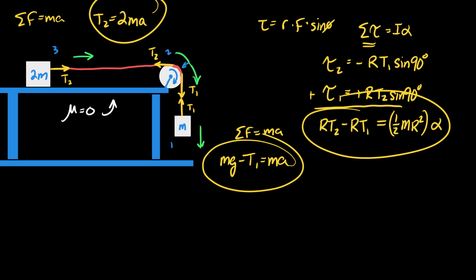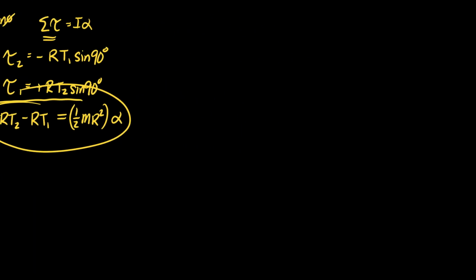I'm going to grab my relationships and put them off to the side someplace where I can focus on just them. I had T2 equals 2ma. I had mg minus T1 equals ma.